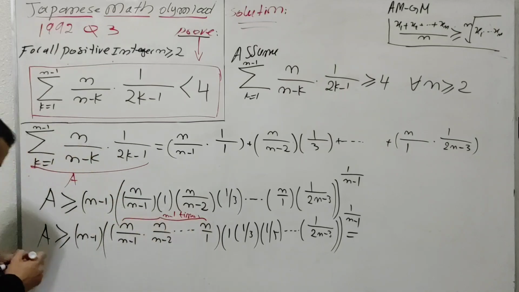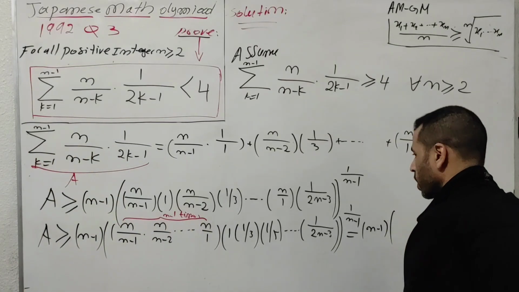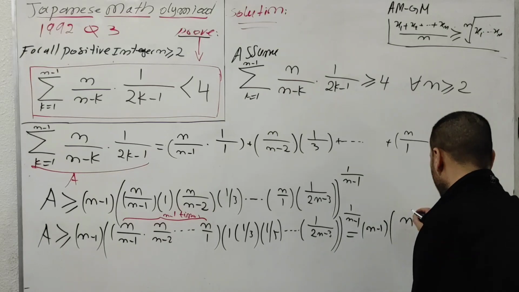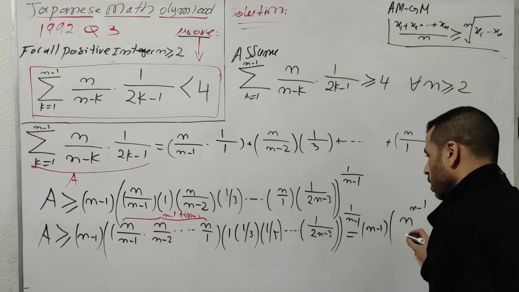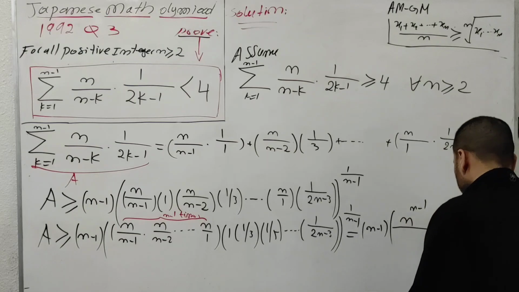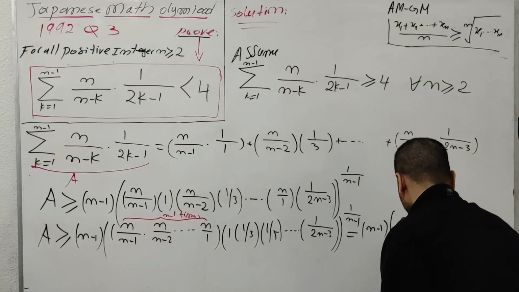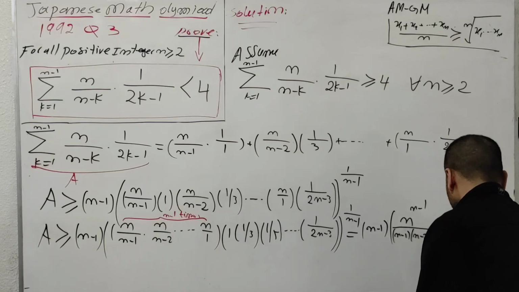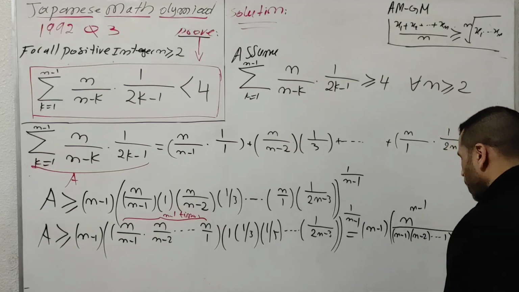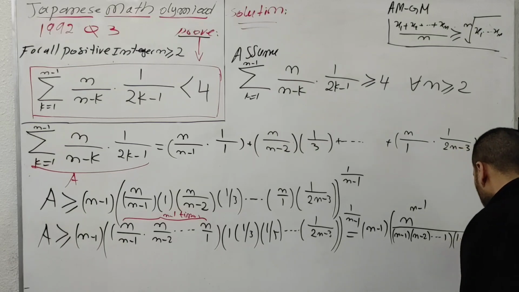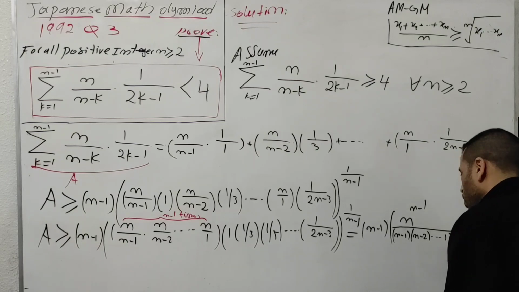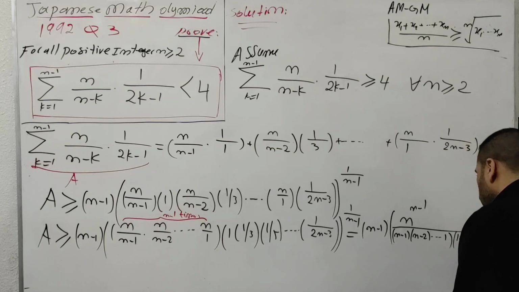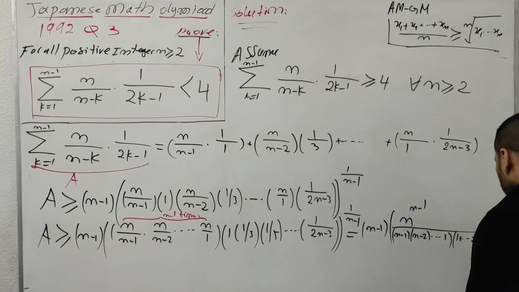Okay, I will get n minus 1 multiplied by n to the n minus 1, divided by this product, which is n minus 1 multiplied by n minus 2 and all the way down to 1, and multiplied by the second product, which is 1, 3, and all the way down to n minus 3. So the whole thing is raised to 1 over n minus 1.